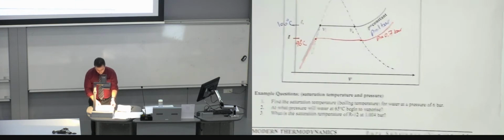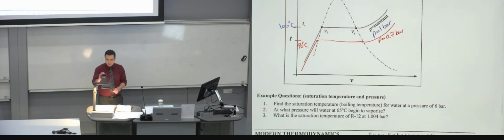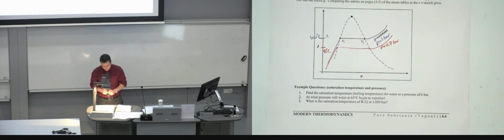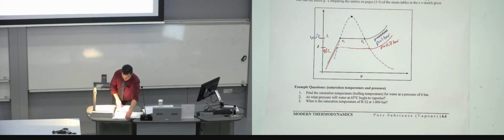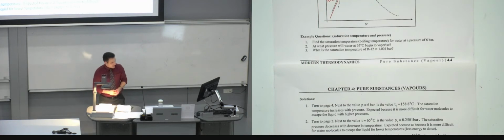Now, I think it's time to start looking at some examples and using our steam table to find the answers. The first one: we want to find the saturated temperature for water at a pressure of 6 bar. For this example, you need to go to page 4.